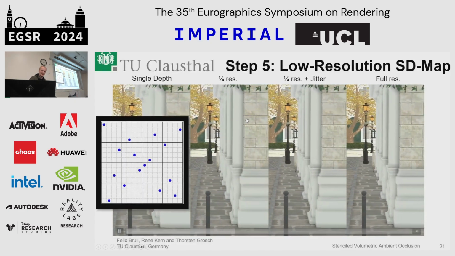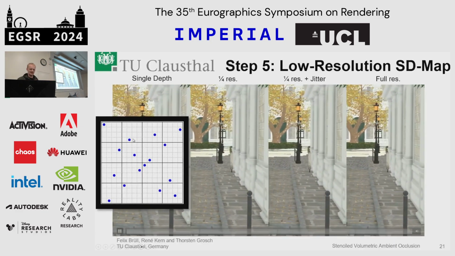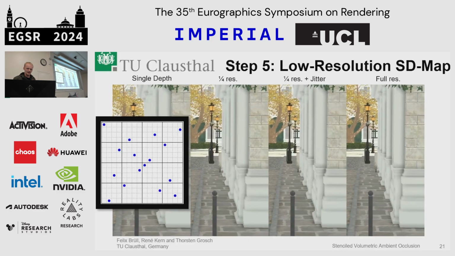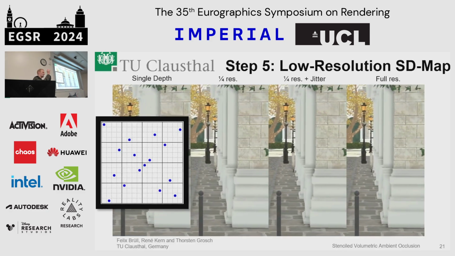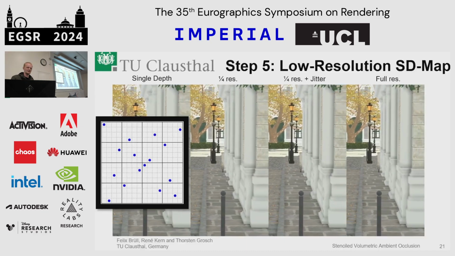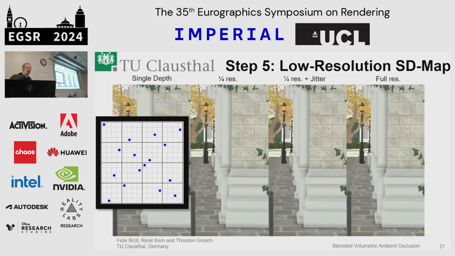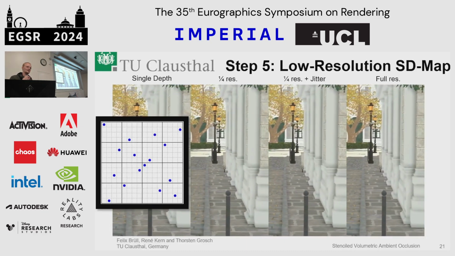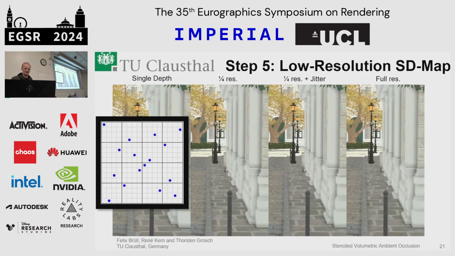On the left side, you see a 4x4 pixel quad. Each black box is a pixel. Instead of tracing the rays through the centers of each pixel, we can just offset the ray locations to a random position inside this box. In this case, the blue dots show where we trace the rays.